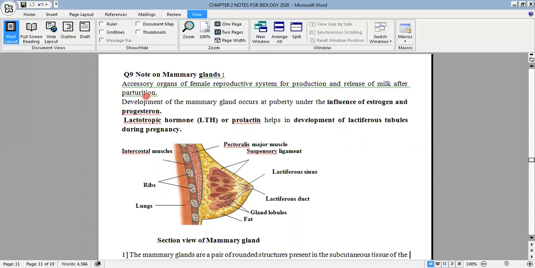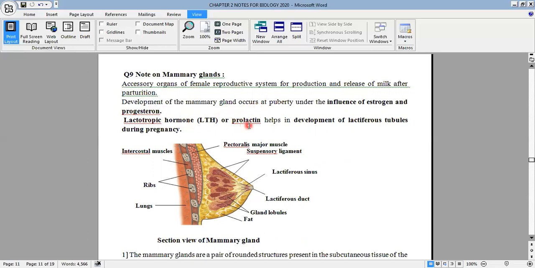That is, after the delivery of the child, milk production and release is done from the mammary gland. Development of mammary gland occurs at puberty under the influence of estrogen and progesterone. That is, when the female reaches maturity, with the help of estrogen and progesterone, there is development of the mammary gland.